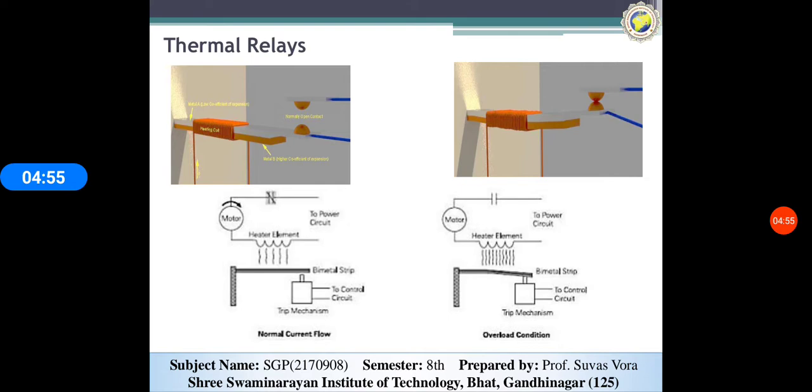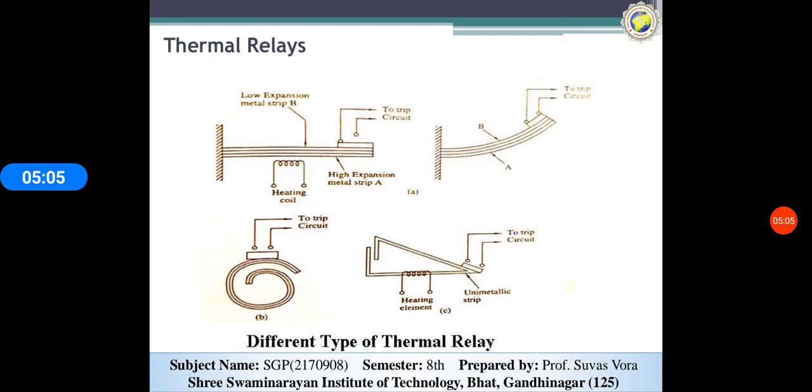The spiral construction is used to save space and make it more sensitive. This is a different arrangement of the thermal relay.